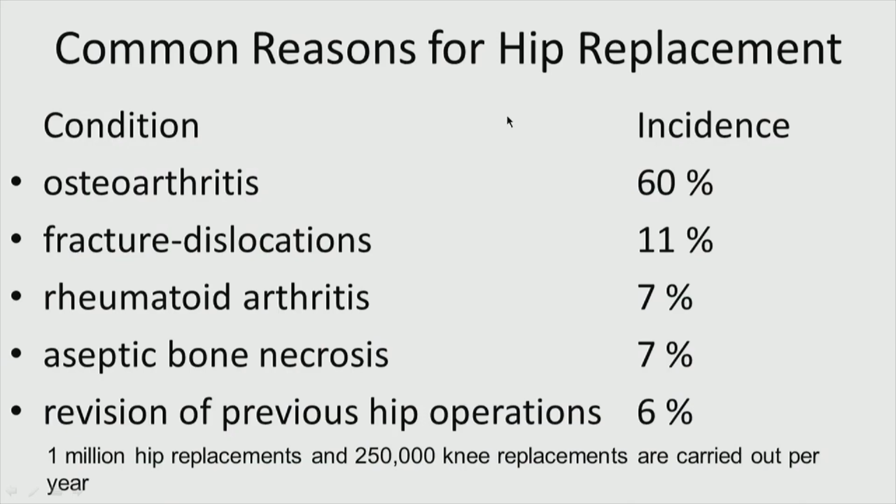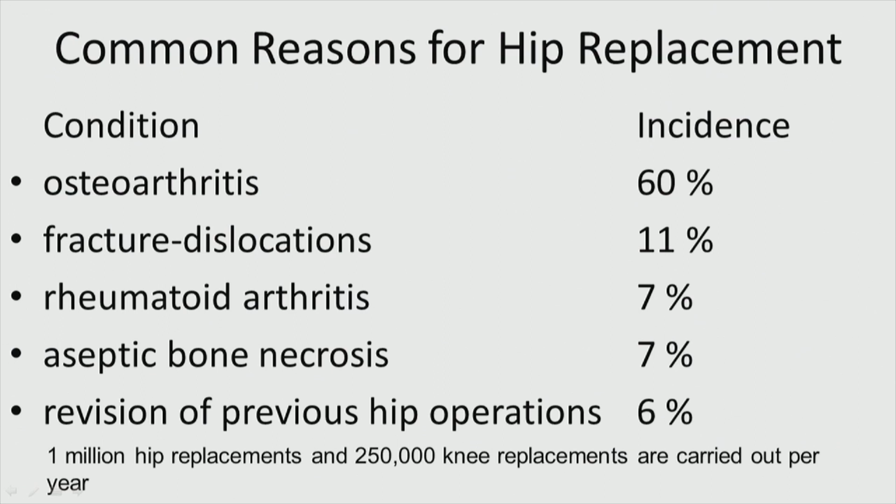Now, hip again, metallic biomaterials are used in this area. Okay. Why? Arthritis majority, fracture, dislocation, rheumatoid arthritis, aseptic bone necrosis, that means there are infections in the hip and there is death, then revision, that is from the previous operation.